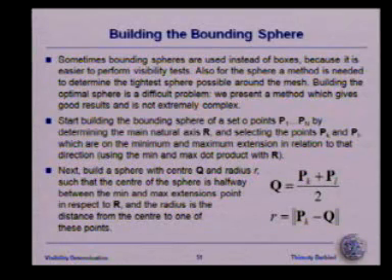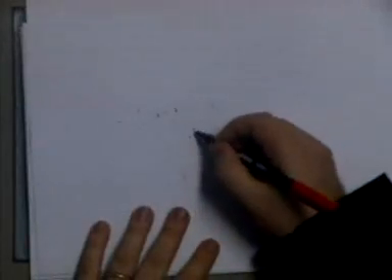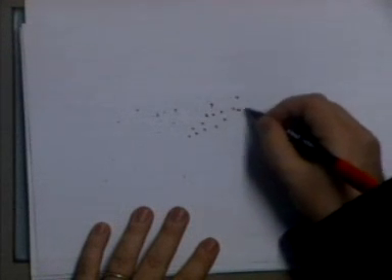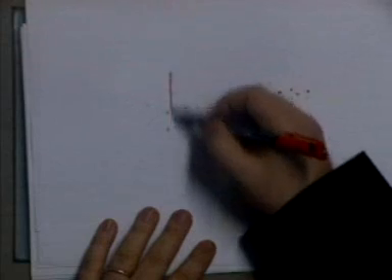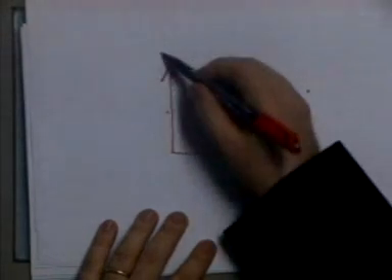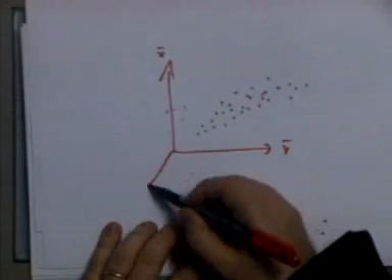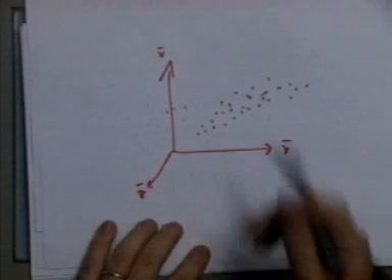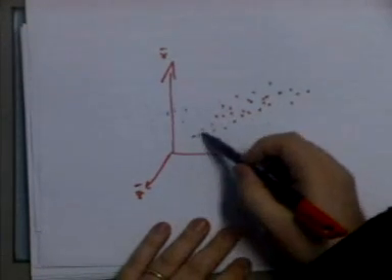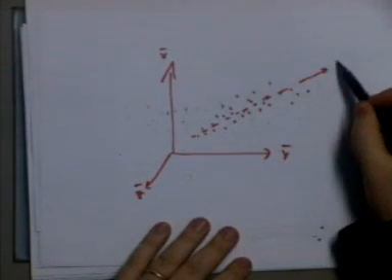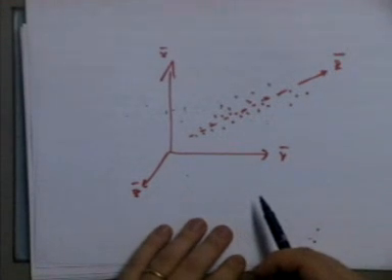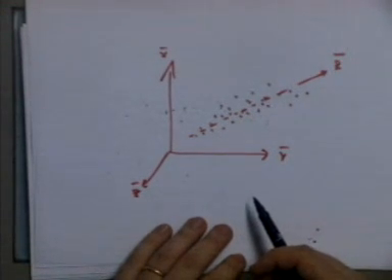So it's the same thing. What we're going to do here is we have several points. This is supposed to be XYZ. I find R, which is the natural axis direction.